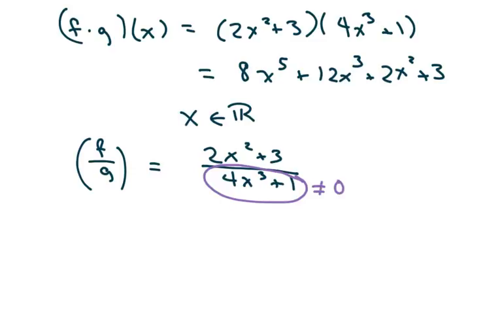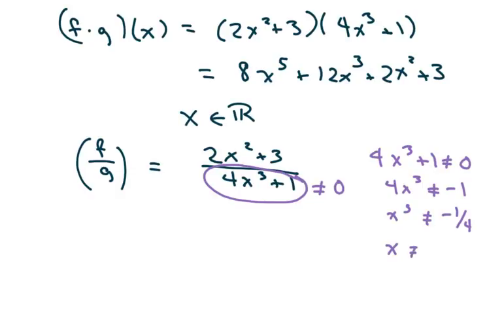So let's solve for x and see what would make this 0. 4x cubed plus 1 can't be 0. 4x cubed cannot be negative 1. X cubed cannot be negative 1/4. So x cannot be the cube root of negative 1/4. So it's going to be all real numbers but that.